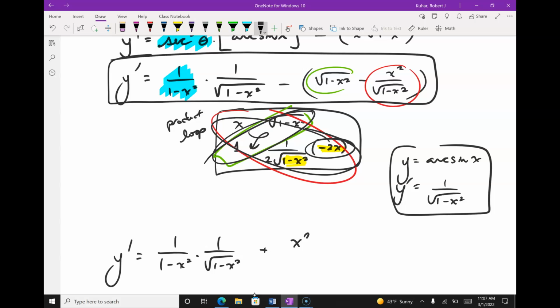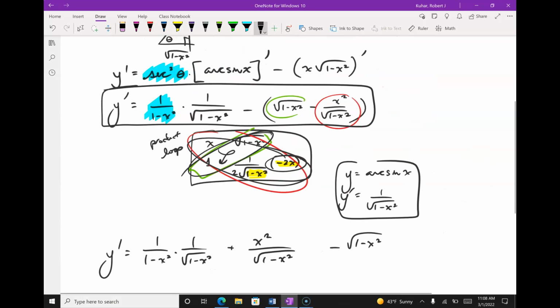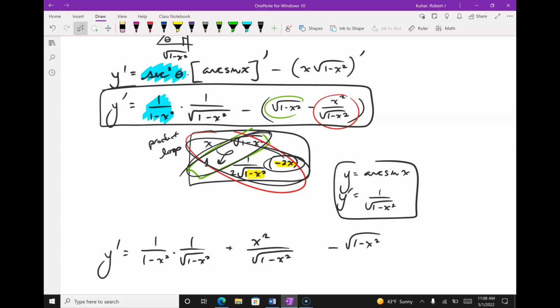Plus an x squared over square root of 1 minus x squared minus a square root of 1 minus x squared. So I'm going to get an LCD here. I need that particular LCD.